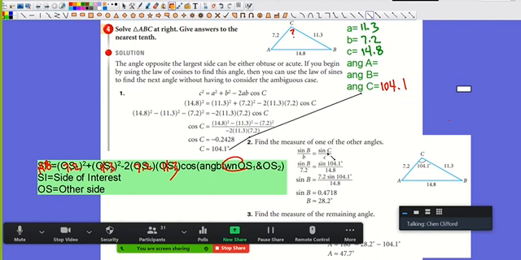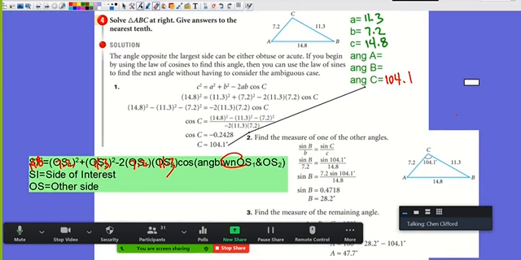Now once you get that, then it's the same thing. You just use law of sines again. Everything else is the same thing, 104.1. Now I'm going to go green to green. What colors did I use earlier? Yellow to yellow is right here.